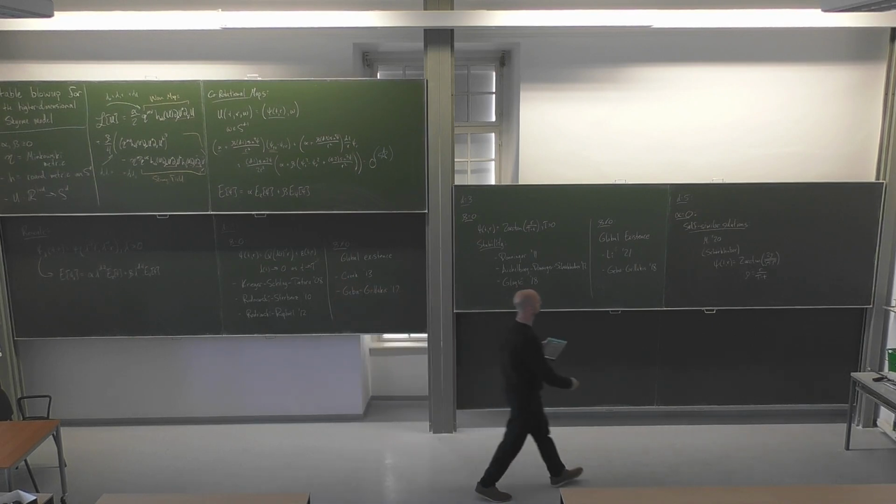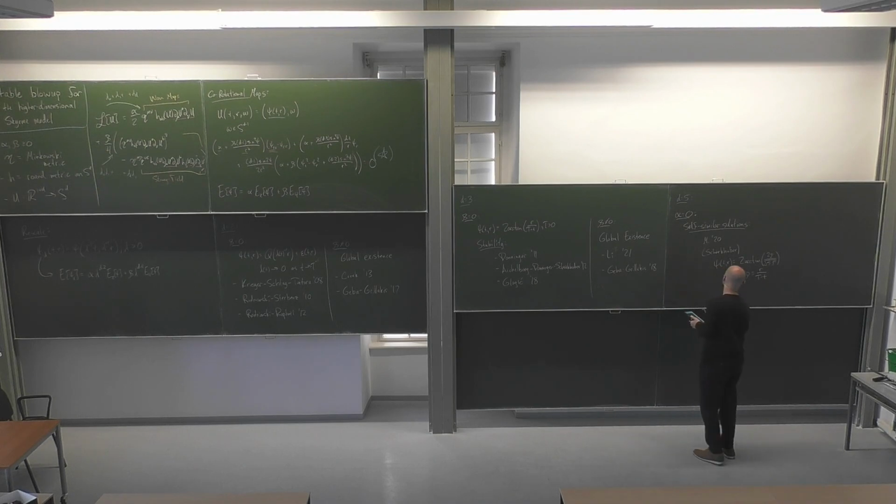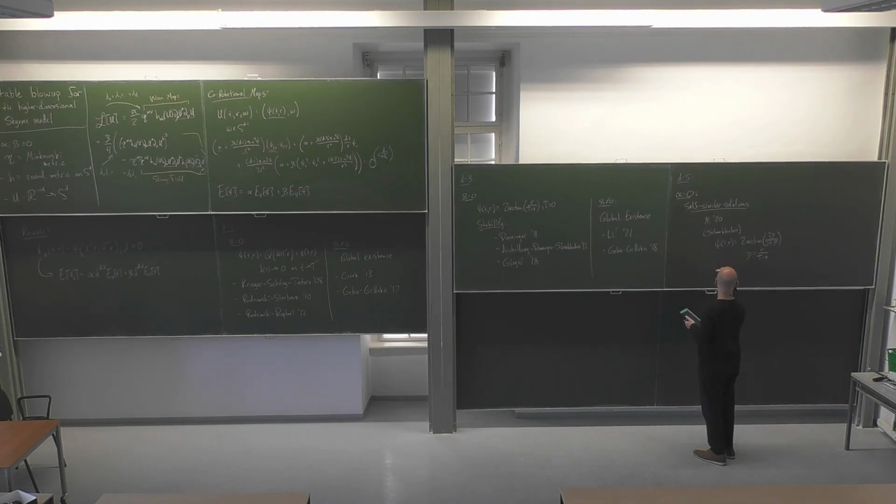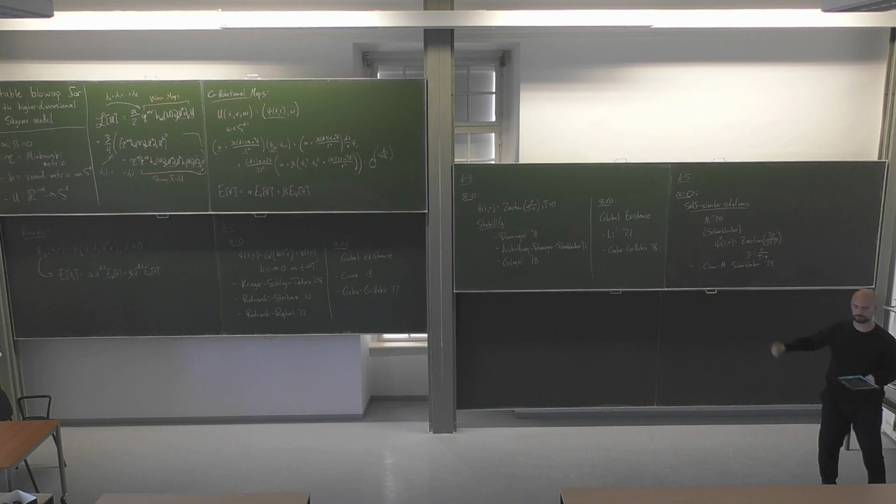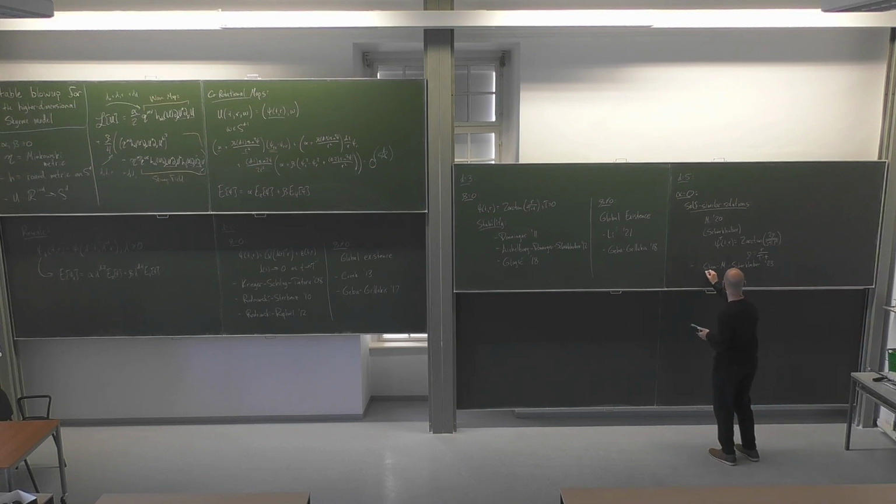Together with Chen, Po-Ning Chen, my PhD advisor, and Schörkhuber, we in fact came out last year, we proved that this family of solutions, which I'm going to give a superscript CT because I want to refer to it later, is stable.